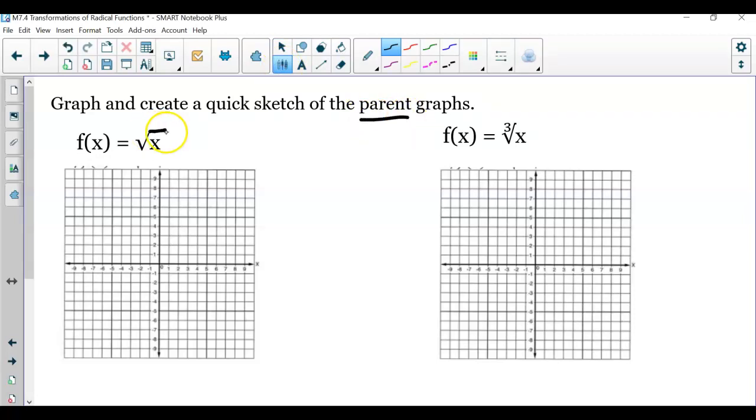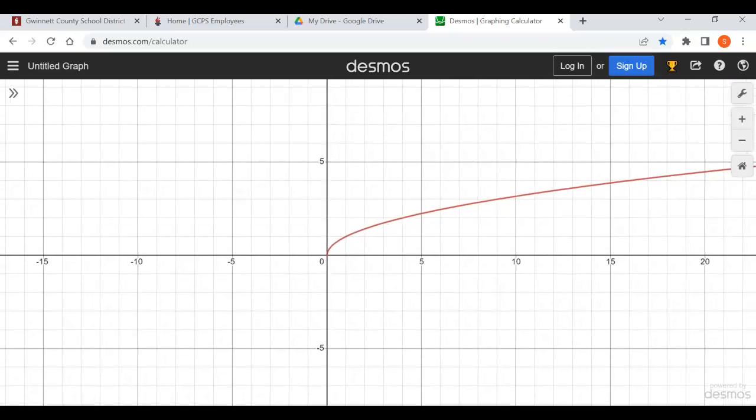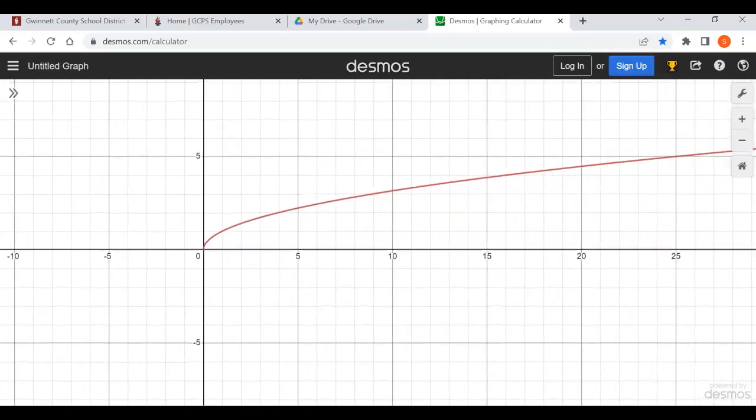So when you graph the square root of x, here is what that looks like. We're going to go ahead and do a quick sketch, but notice how the square root of x is like a half graph almost. We start here at (0, 0), and then go upward and to the right, on and on and on.